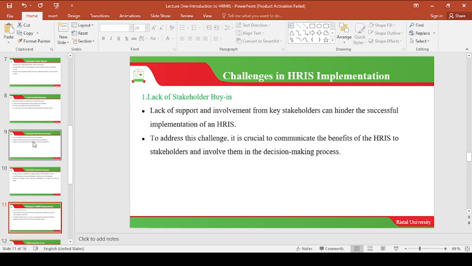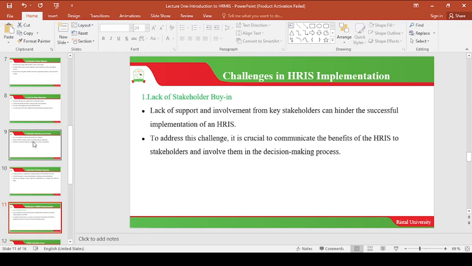So lack of support and involvement from key stakeholders can hinder the successful implementation of the HR information system because it needs finance, it needs training, and it really needs support. If the top management is not supporting the process, then the human resource department cannot go ahead and implement it because they will not have the resources to do the implementation.